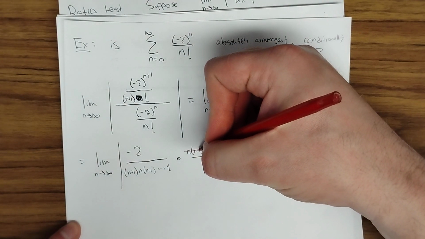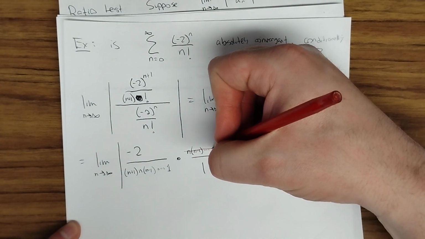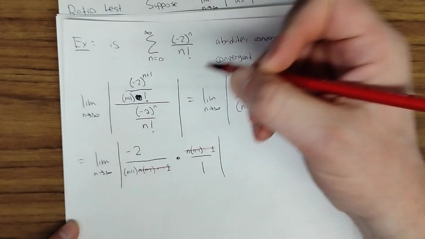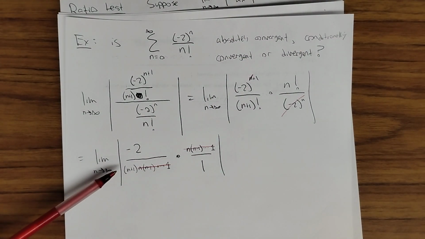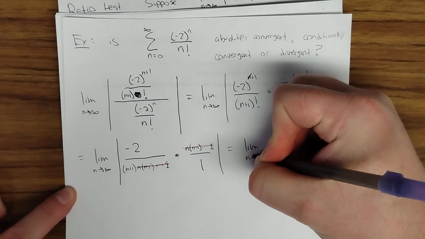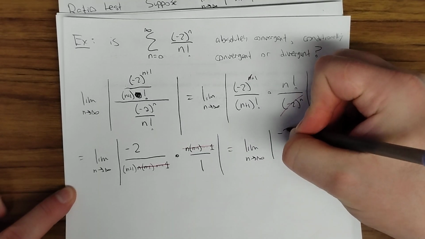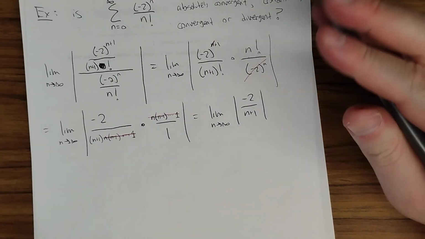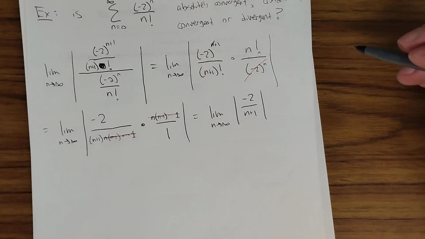All of this from n all the way down to 1 cancels all of this. And the n plus 1 is still left there. So I'm left with that.